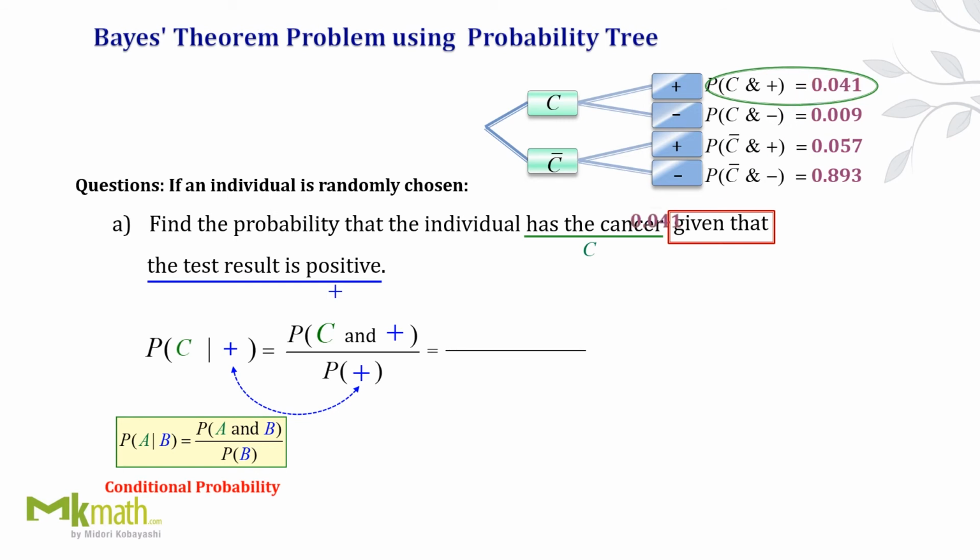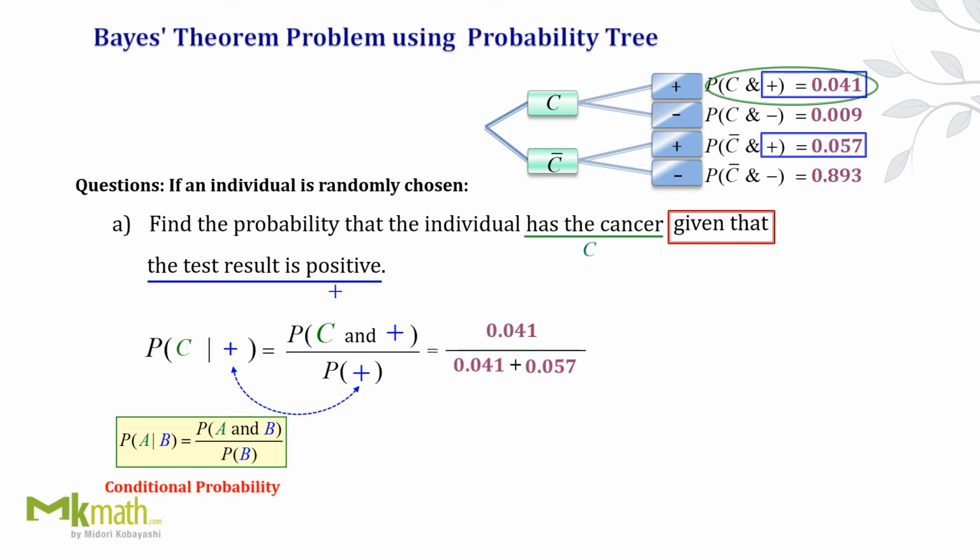Place the value on the numerator. For the marginal probability of a positive result, we can see two positive situations regardless of cancer in the tree diagram. So add these two cases and place them on the denominator.